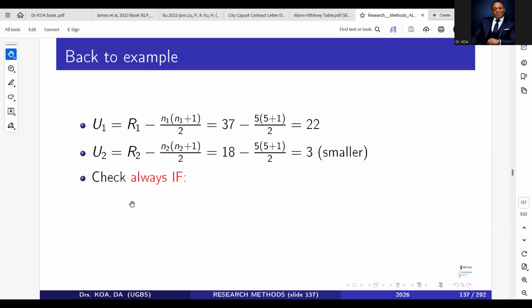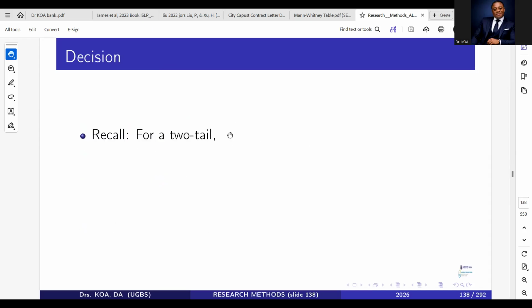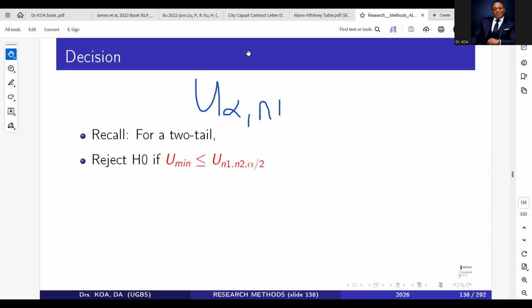So now that you have found the test statistic, you have to compare it with a critical value. Note it down. The critical value is always given by a certain formula. The critical value is basically U subscript alpha, comma, N1, comma, N2.